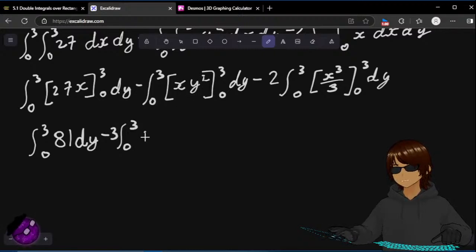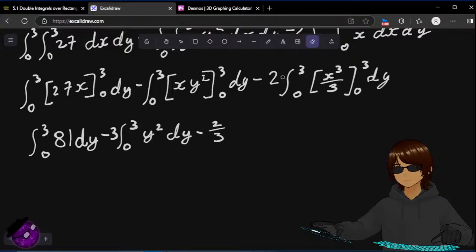I can take the 3 outside here as well. 3 cubed minus 0, 3 times 3 is 9, and one of the 3s gets cancelled. So I'm just left with 9.